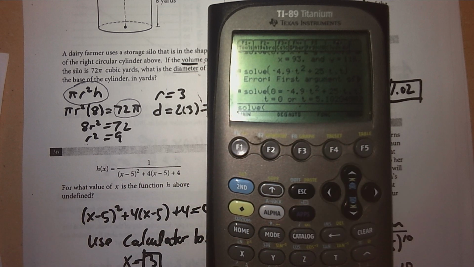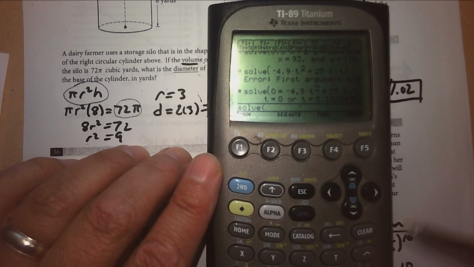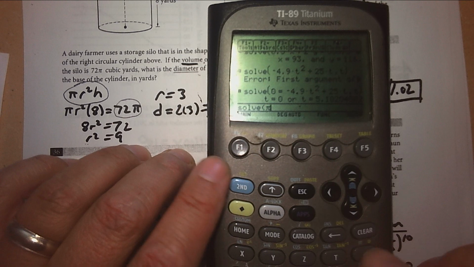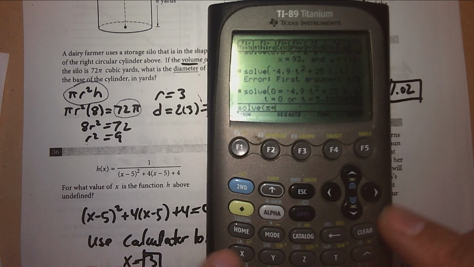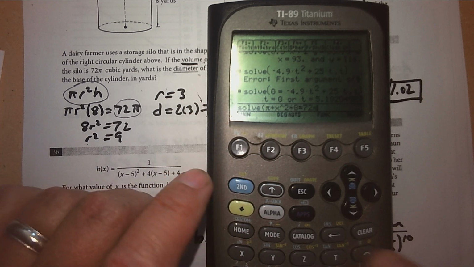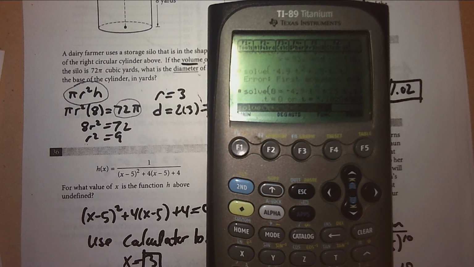And I would type in that equation. Pi, do you know where pi is? It's right above the arrow, right? So blue button and the arrow. So pi times r squared. I'm just going to call that x to make it easier to type in. So x squared times 8 is equal to 72 pi. And I want to solve for x.